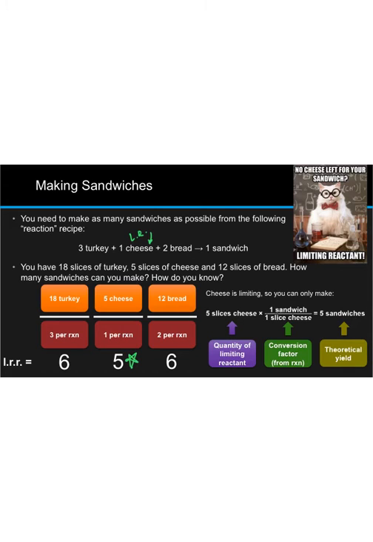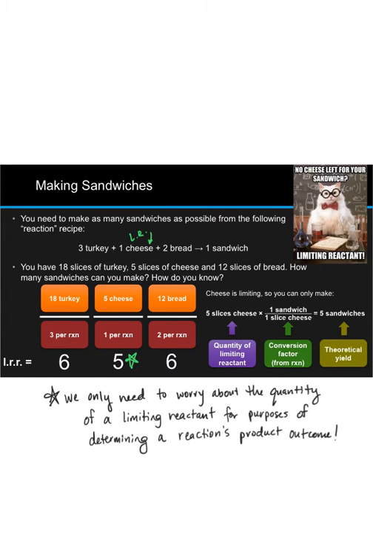Since cheese runs out first, then what we'll say is that we can always use the quantity of it to predict how much product we're going to make. All we need to focus on is the quantity of a limiting reactant, the thing that we know will run out first, for the purposes of determining how much product we can make from a given chemical reaction.